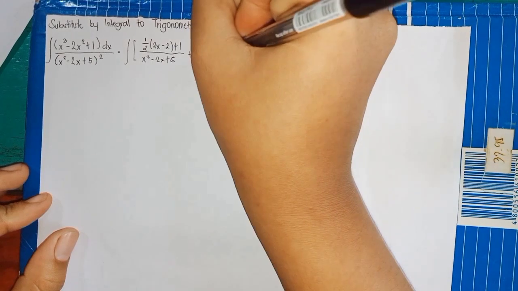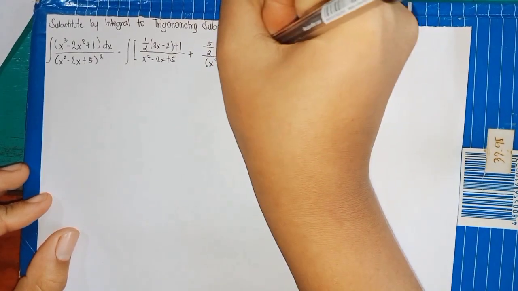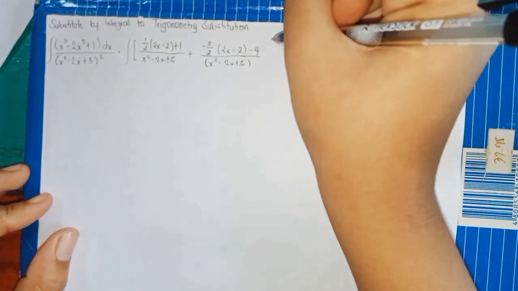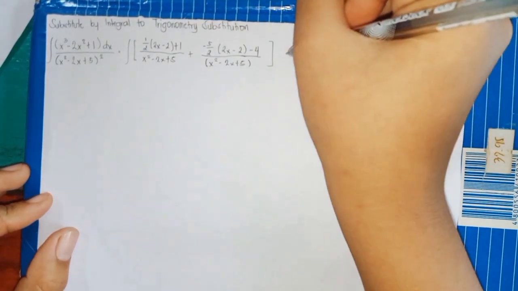Then we will just need to copy the denominator. It's x squared minus 2x plus 5 dx.